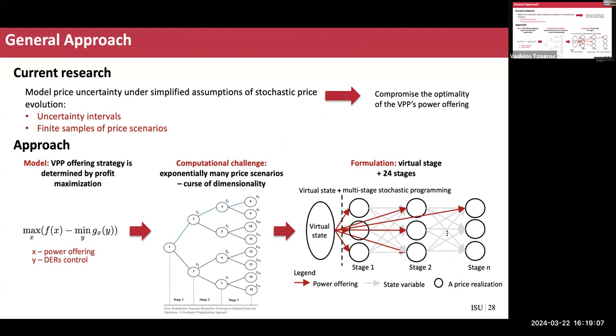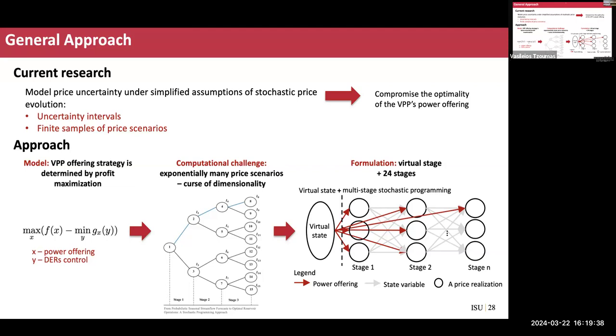Something we want to minimize is the operation cost, given our x, the power offering that we determine in the first stage. So we want to maximize the difference between the revenue and our cost, right? This difference is the profit we get. So we want to determine the power offering such that the difference between the revenue we get and the cost incurred is maximized.